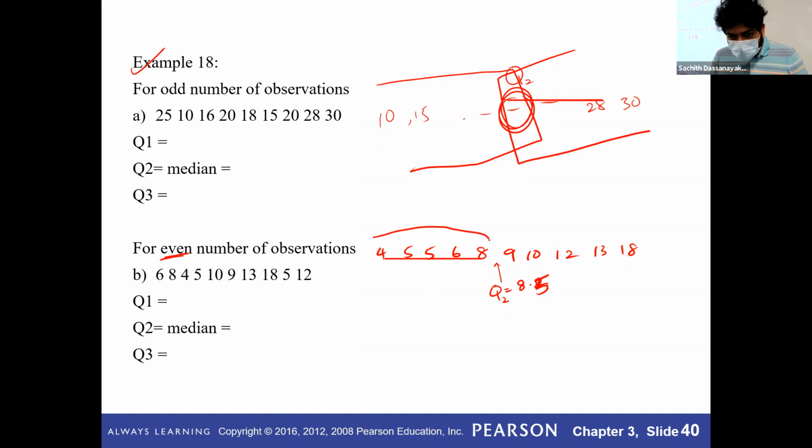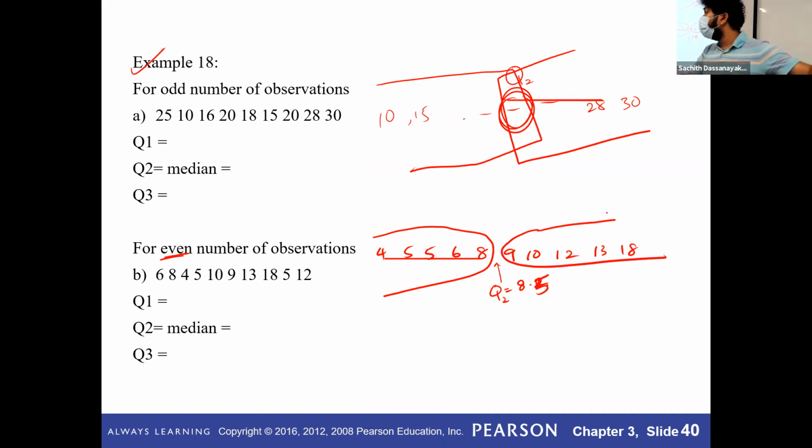You can simply take the values on the left-hand side of this median and the right-hand side of this median as your lower half and upper half. Consider them separately and do your calculations to find Q2, Q1, and Q3. Clear? So it doesn't appear in this even number of observations.